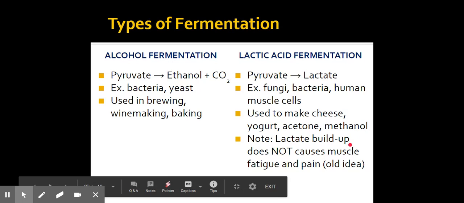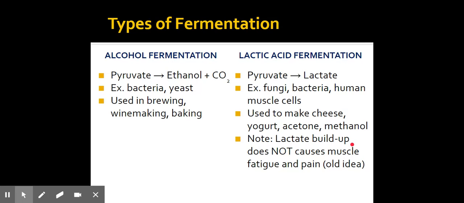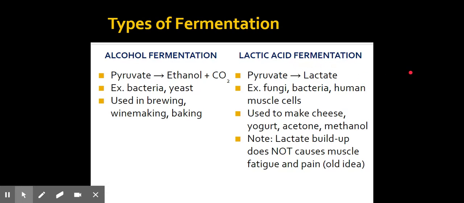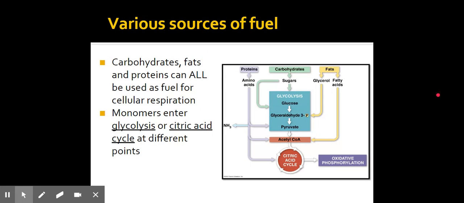So when we're exercising really hard and then struggling to breathe, and then our muscles ache really, really bad, people used to say, hey, that's because of this lactic acid, and lactic acid causes muscle fatigue and pain. It actually has to do with some potassium pieces. So you can always look into that. But that is a really common misconception. But anyway, lactic acid gets produced during lactic acid fermentation. Go figure. So those are our two types of fermentation.